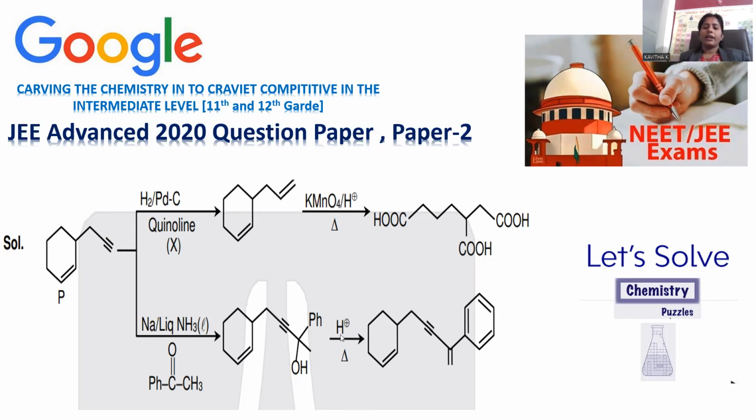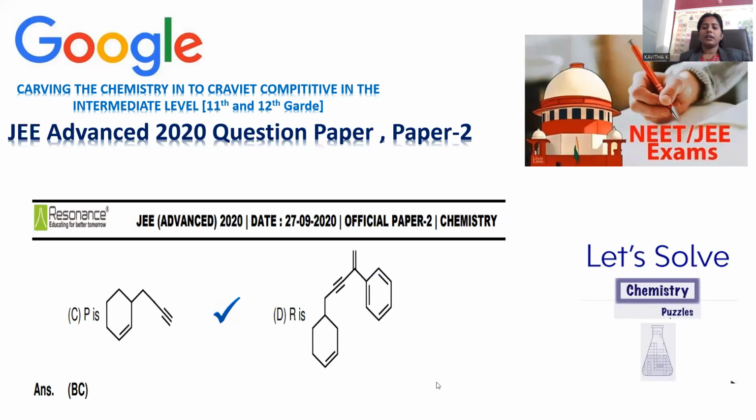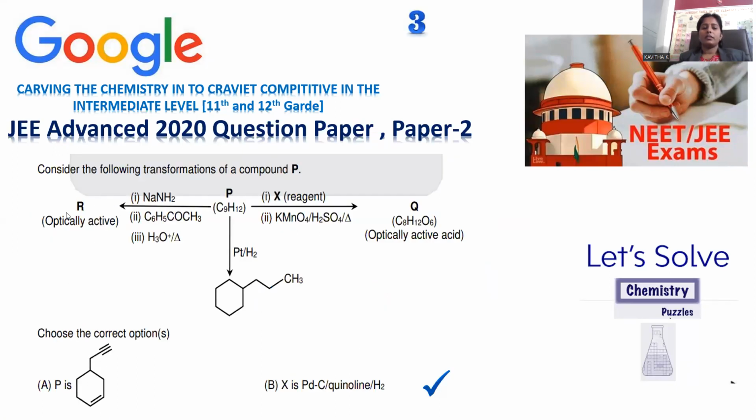And further protonation upon heating, simply you have to remove. Here we have CH3, one hydrogen, one OH. If dehydration, that means removal of water, here also you can find one double bond like this. This double bond will be generated. That is the product R. R will be generated in this direction.